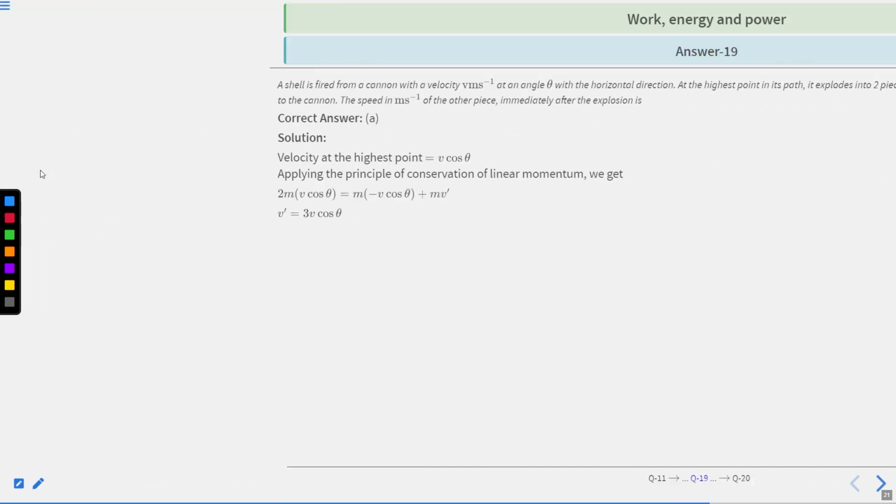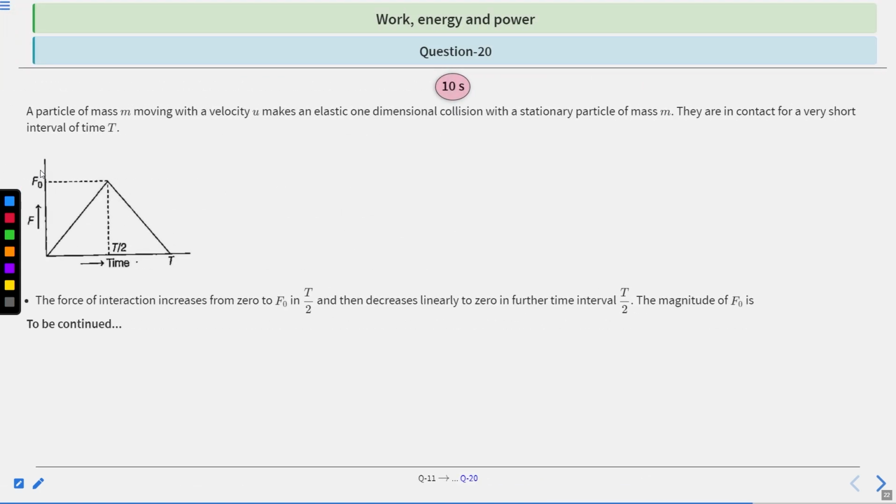Clear? Next question. A particle of mass m moving with a velocity u makes an elastic one-dimensional collision with a stationary particle of mass m. They are in contact for a very short interval of time t. Clear?